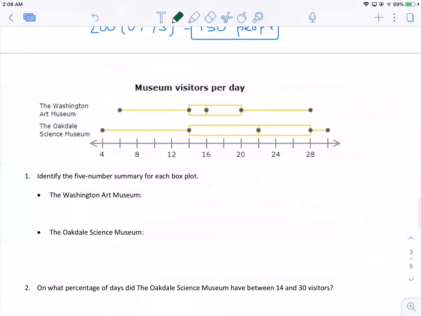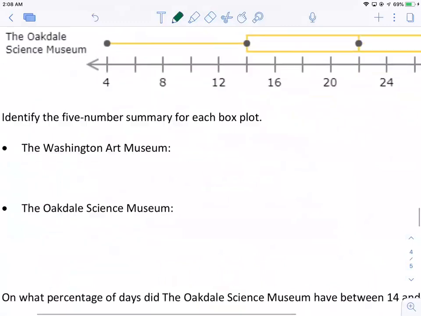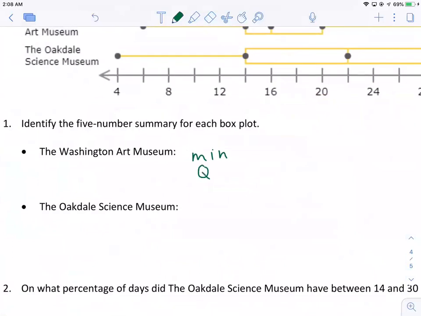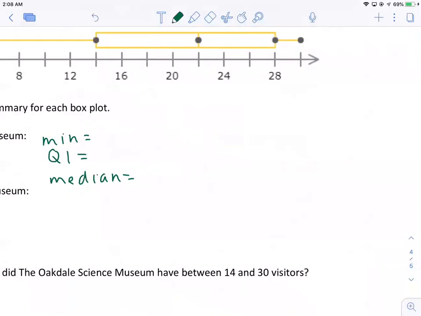All right, so identify the 5 number summary. So we're just writing out those 5 numbers. And so again, those 5 numbers are going to be composed of the minimum, the first quartile, the median, the third quartile, and the maximum.